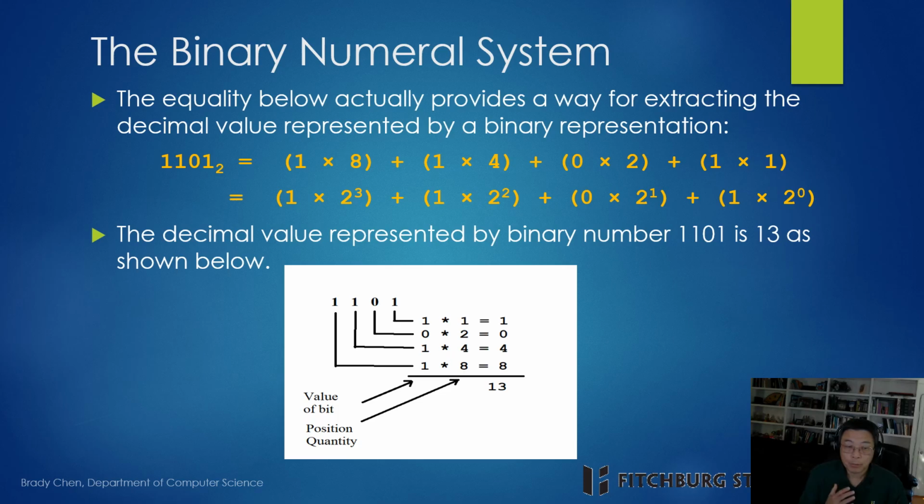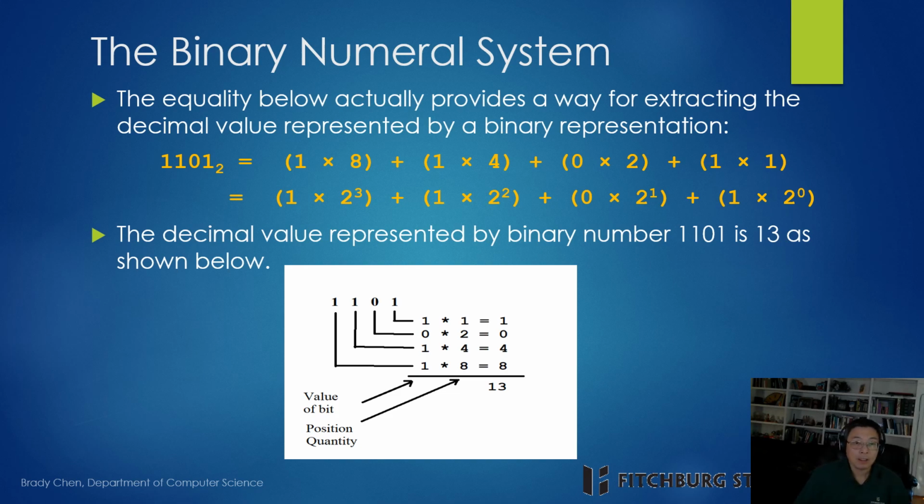Now in the previous slide, we just talked about the expanded form or expanded notation for a binary number. Now we find out that this expanded notation can be used to convert a binary representation of a number into a decimal value.